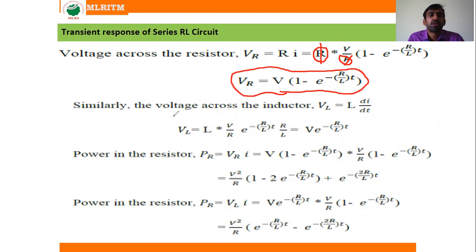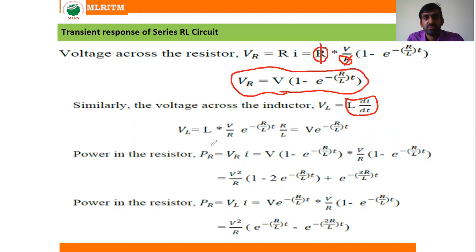Similarly, if you want to obtain the voltage across the inductor, VL is equal to L dI by dt. Here we have one more step extra because we have a derivative.